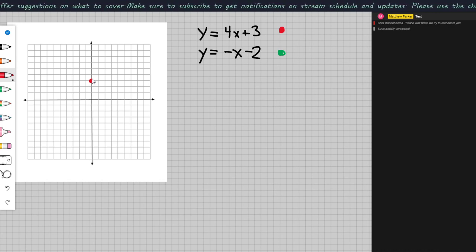That has a slope of 4, so I need to go up 1, 2, 3, and over. I can also go in the reverse order and go down 1, 2, 3, and over.